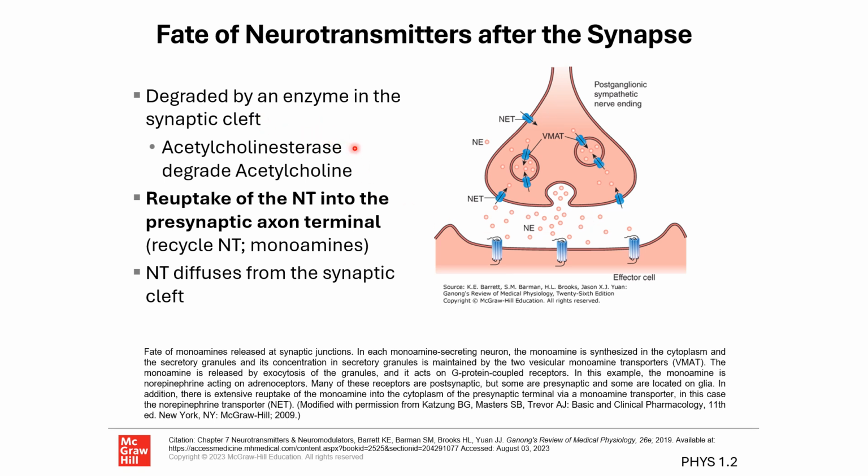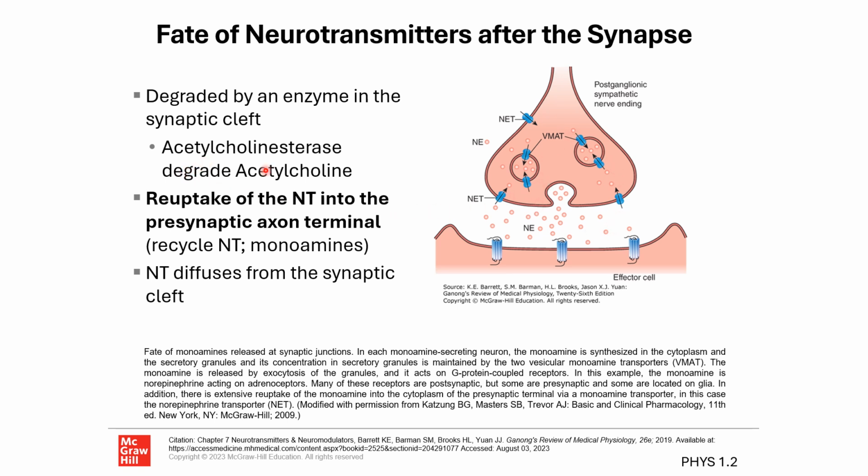That's an enzyme that breaks down acetylcholine into component parts that are then brought back up into the presynaptic neuron, and then they can be used to make more acetylcholine, so that you just have this cycle of release the acetylcholine, break it down, bring it back in, and make new acetylcholine. So it just kind of goes through that cycle.